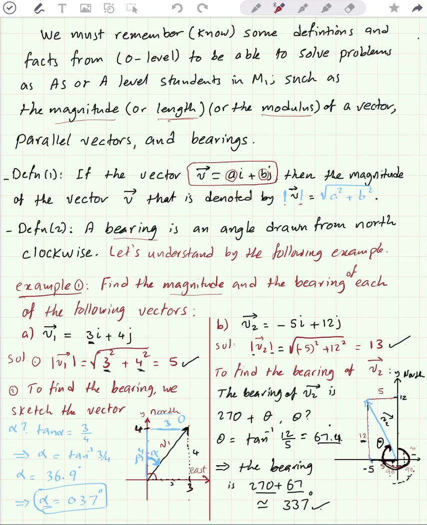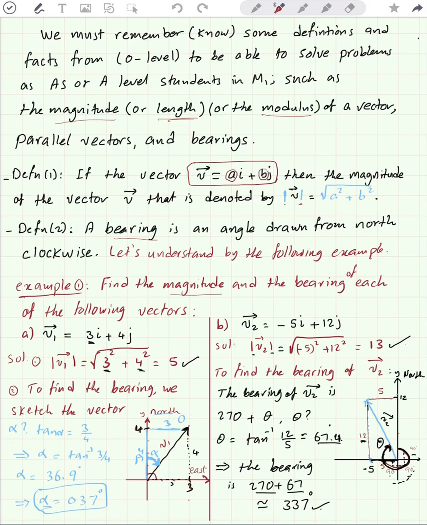The part that we'll be concentrating on today: we have to remember, as AS students, some skills, properties or definitions from O level, but using them or writing them in IJ notation.